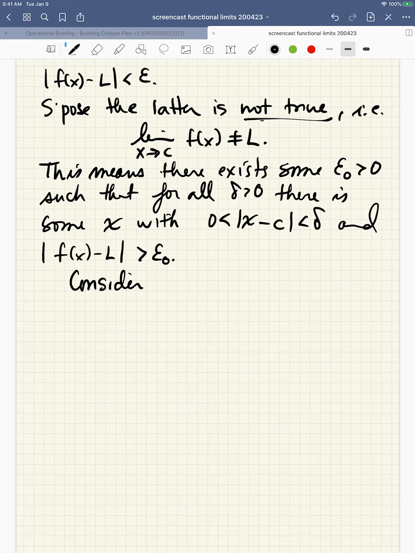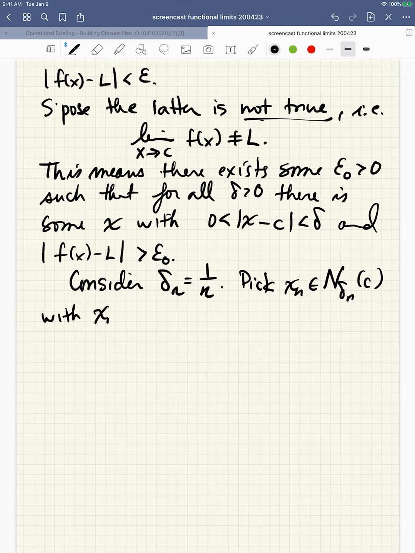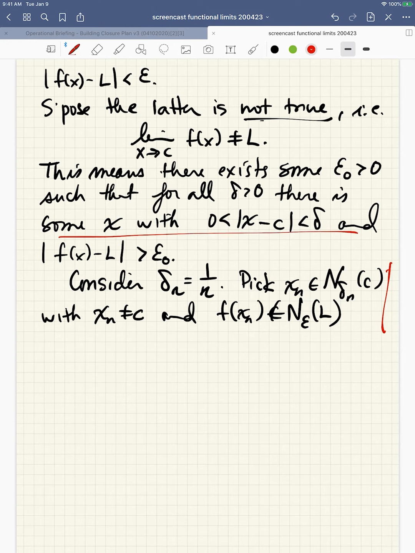So consider these deltas, where delta sub n is 1 over n. For each of these deltas, we can find some x. So let's pick xn in the delta n neighborhood of c, where xn is not equal to c, and f(xn) is not in the epsilon neighborhood of L. Here I just phrased using topology what this says up here.